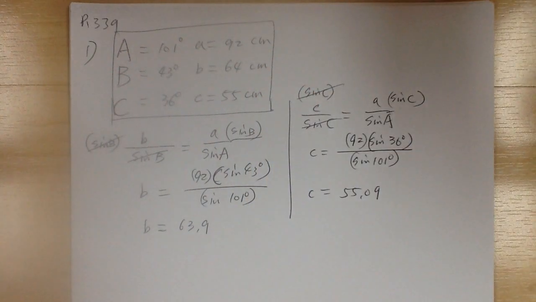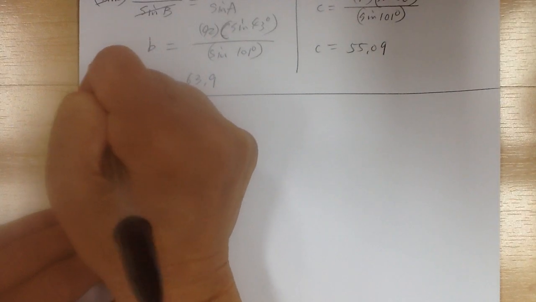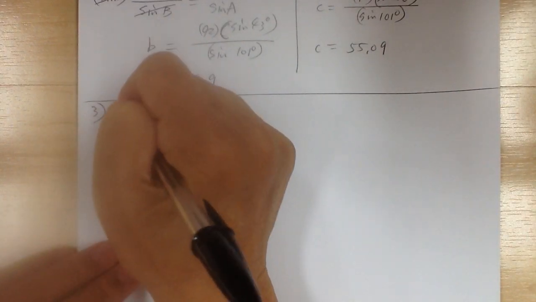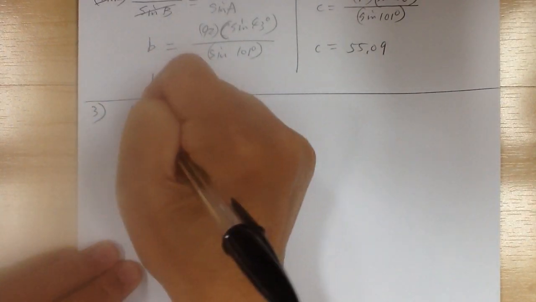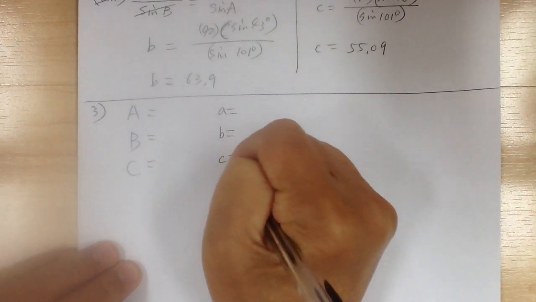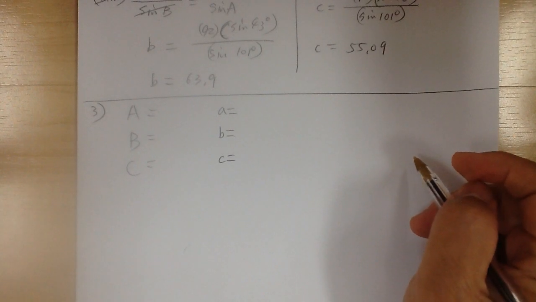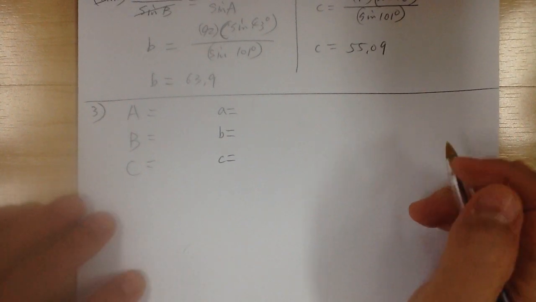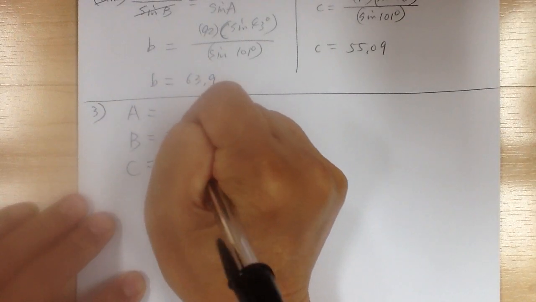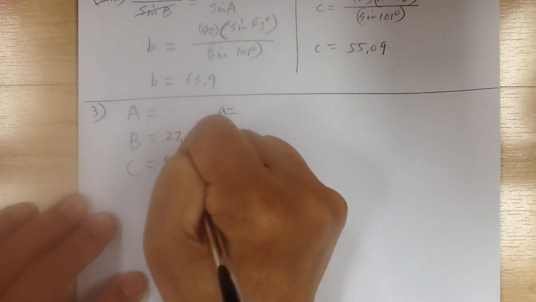Okay, number 3. So you can get your A, B, C, get all your information together. Okay, so B is 27.5 degrees. C is 54.5 degrees.